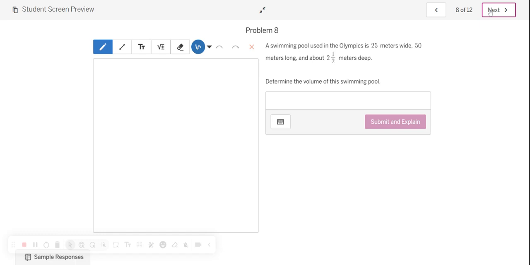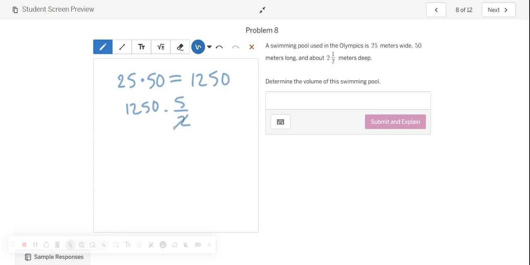Next problem. Ooh, Olympic swimming pool. So I'm not even gonna draw the picture, but you've got a base that's 25 meters by 50 meters. It's a huge place. That's 1250. And then I'm gonna multiply 1250 by 2.5, which is the same as 5 halves.